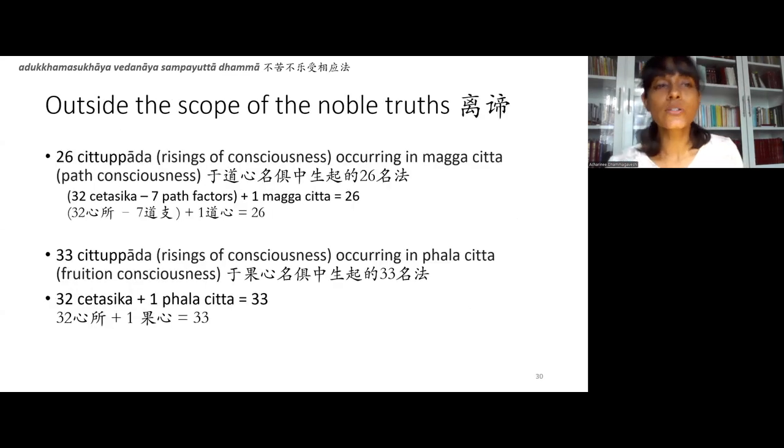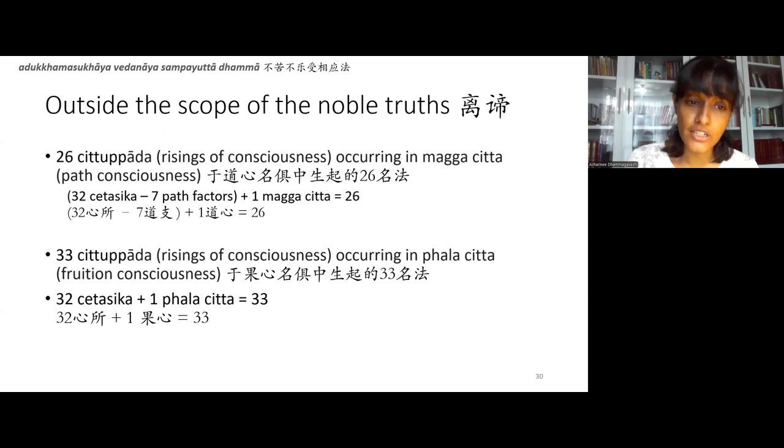Now let's look at those that are outside the scope of the Noble Truths. We got 26 chittuppada, risings of consciousness, occurring in the magga chitta, the path consciousness, and 33 chittuppada occurring in the phala chitta, the fruition consciousness. Now, how we get these 26 and 33, we'll have a look. As we mentioned before, we get a total of 32 cetasika because we deducted Vedanā, vitakka, vichara, piti from the 36. So 36 minus 4, we get 32.